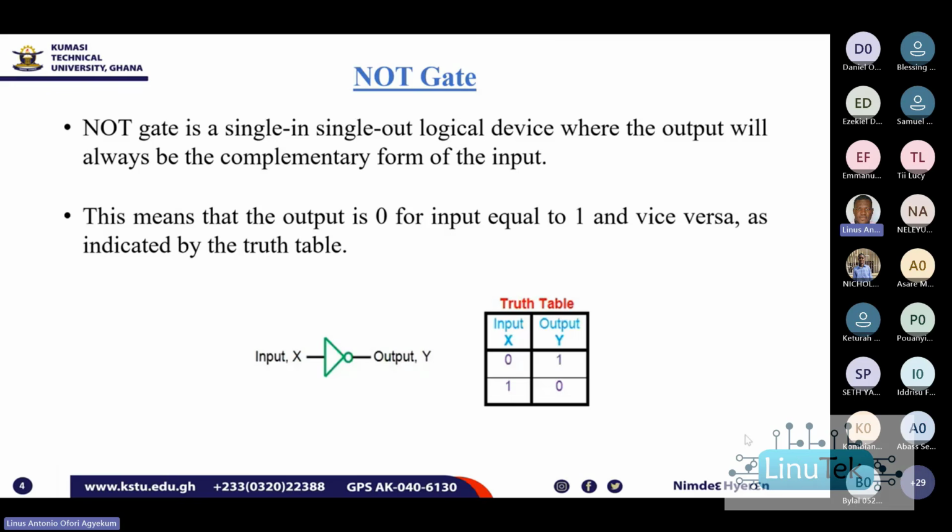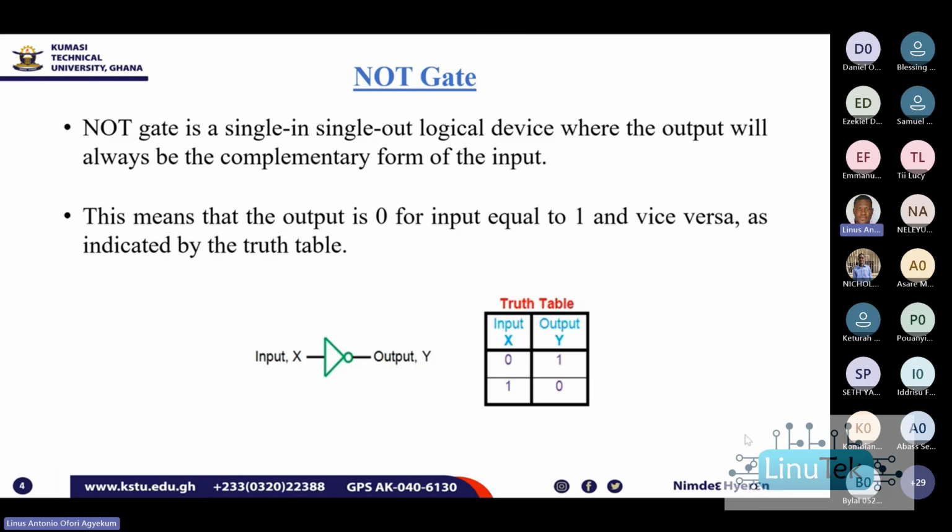Now, let's look at the logic or bitwise operations and see how these are done, or the principles behind them. Before we can appreciate that, we would need to understand the various logic gates and how they operate. So the first one we'll look at is the NOT gate. The NOT gate is basically a single input, single output logical device, where the output is the complement of the input.